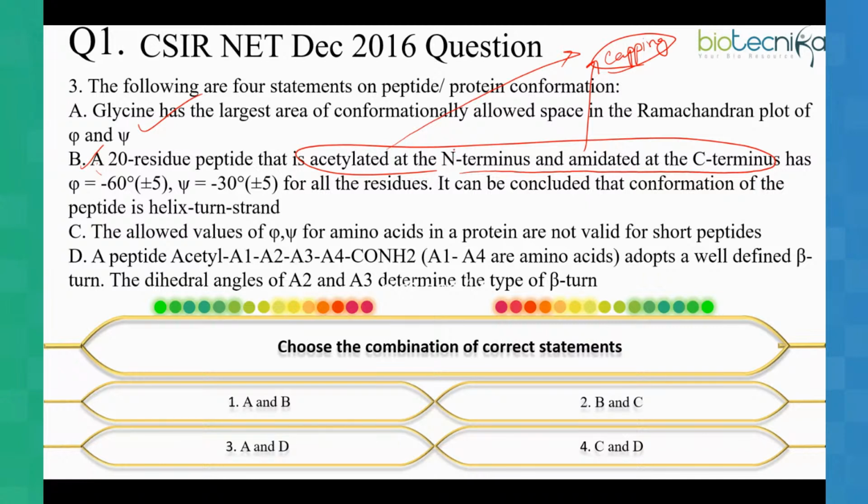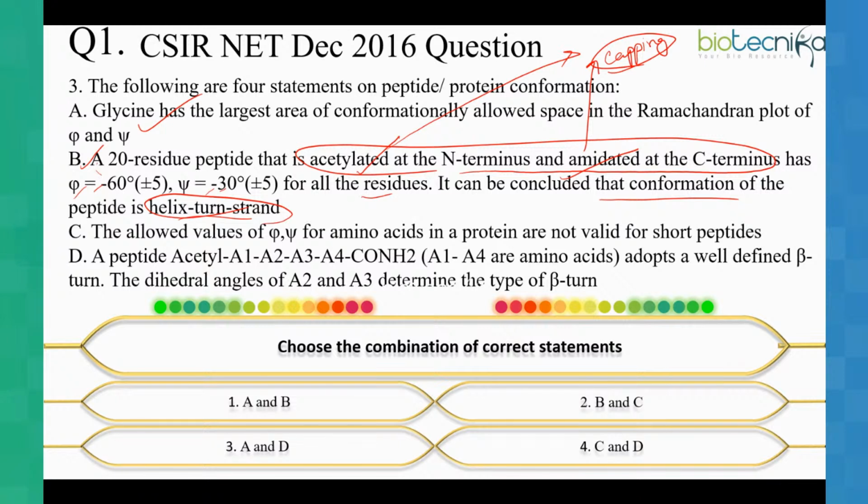So remember, the N terminus is always acetylated and C terminal is always amidated. They will have phi and psi values of both negative, minus 60 degree and minus 30 degree for all the residues. It can be concluded that conformation of the peptide is helix, turn, and strand.